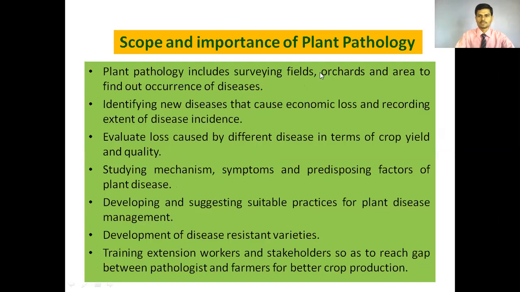Now, what is the scope and importance of plant pathology? Plant pathology includes surveying fields, orchards, and areas to find out the occurrence of diseases. Then identifying such diseases and their causes, the extent of economic loss, and recording disease incidence.